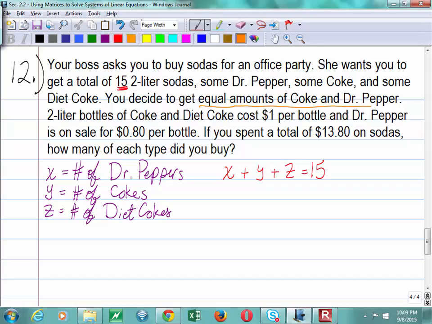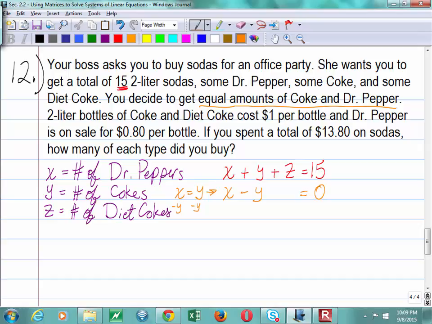So that just tells me that X is equal to Y. But if I want to have that lined up like the rest of my equations, I would subtract Y from both sides, which would give me X minus Y is equal to 0.